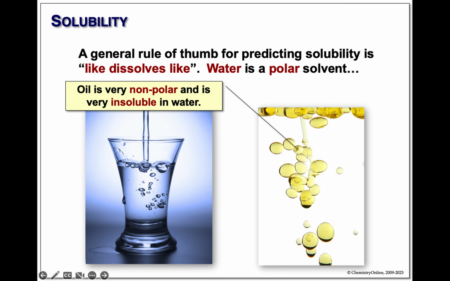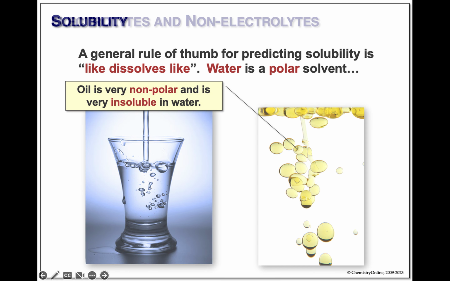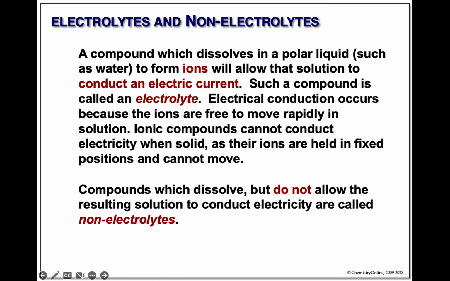Now, once we get something in solution, another interesting property emerges, and that is the ability to conduct an electric current. If we take an ionic solid, dissolve it in water, that solution will conduct electricity.